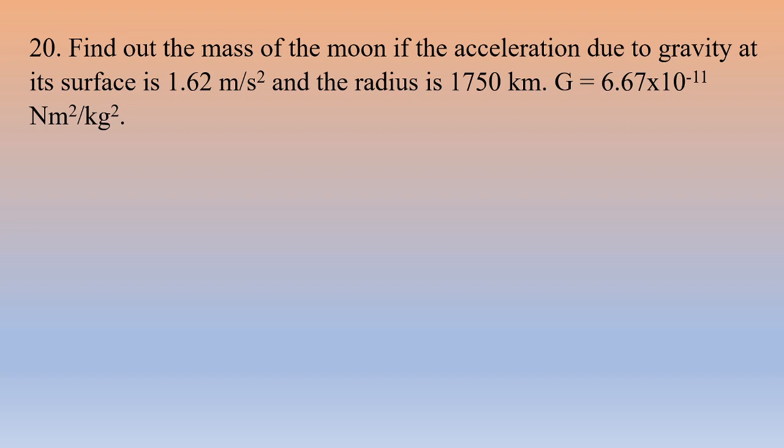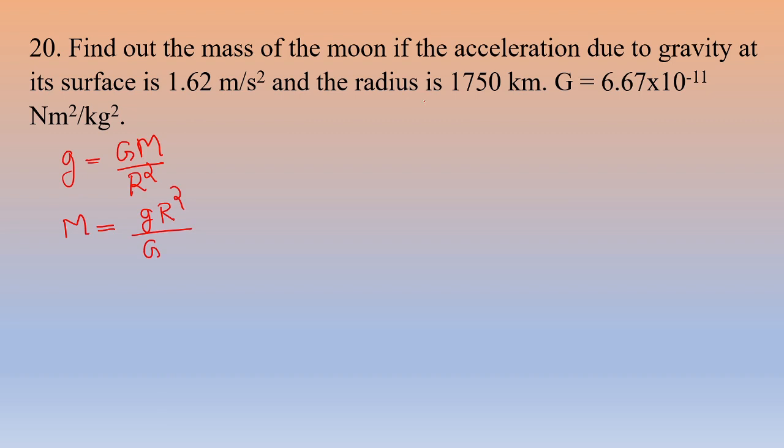We have an expression for small g of any heavenly body: small g is equal to capital G m divided by r square. From that, the mass of the moon, capital M, is equal to small g r square divided by capital G.